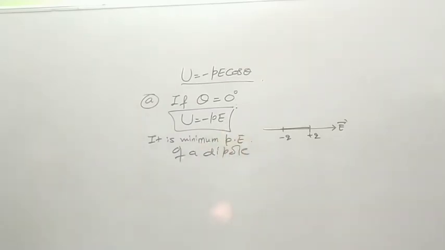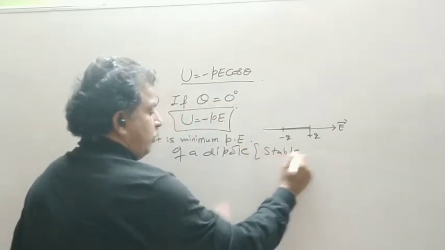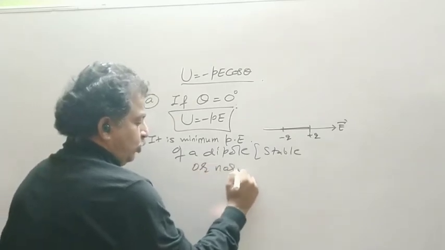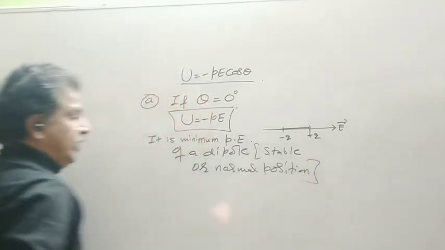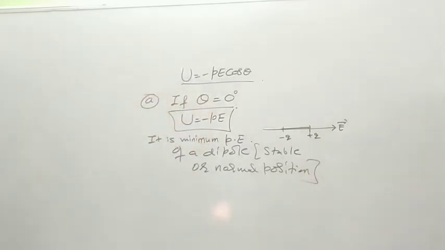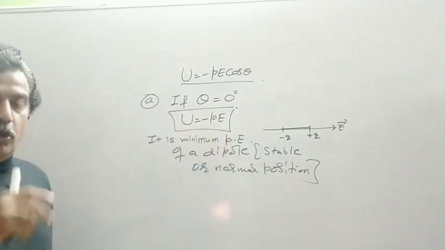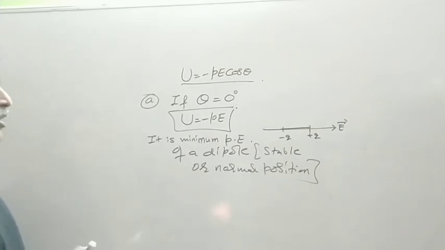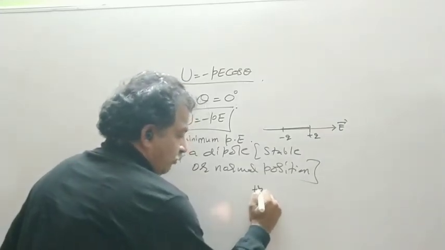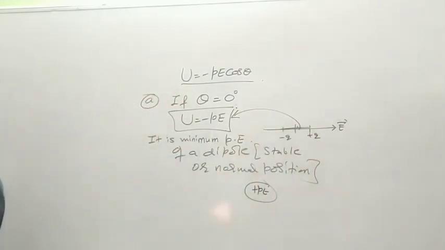And if you remember, when theta was equal to 0, it was called the stable or normal position of a dipole. So the potential energy at the normal position is minus PE. Now in order to rotate it, at least you have to give the energy of plus PE. So when the dipole is aligned, it already possesses this much potential energy.